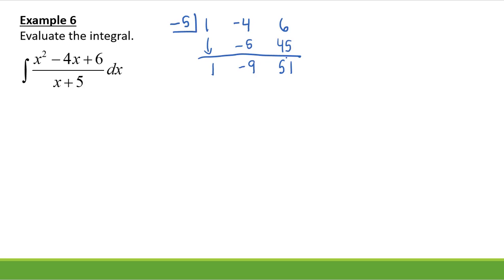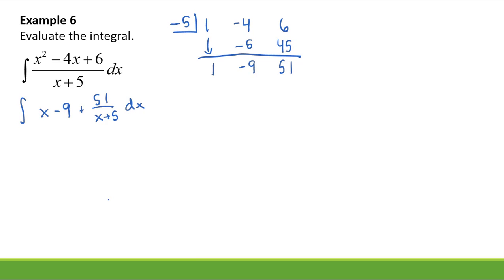from there, what this really means is that this can be simplified into x minus 9 plus 51 over x plus 5 dx. Now I can integrate each one of these.